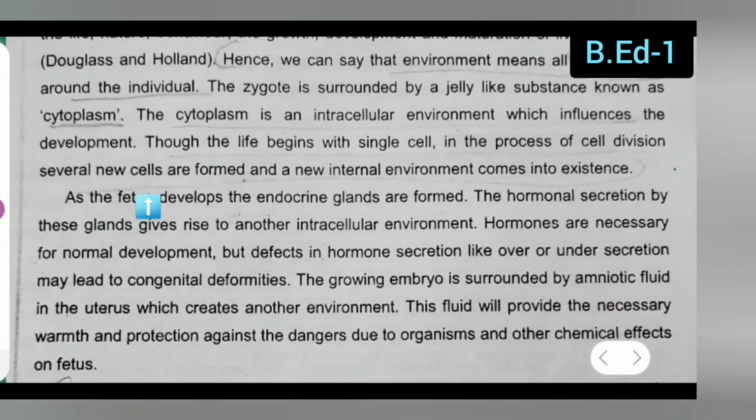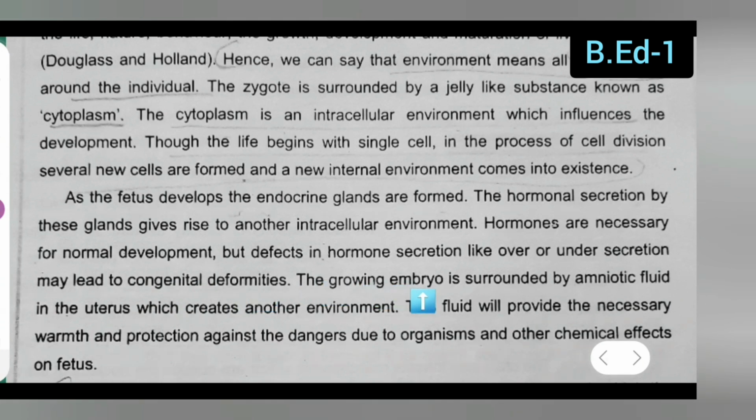As a fetus develops, the endocrine glands are formed. The hormonal secretion by these glands gives rise to another intercellular environment. Hormones are necessary for normal development, but defects in hormone secretion, like over or under secretion, may lead to congenital deformities.